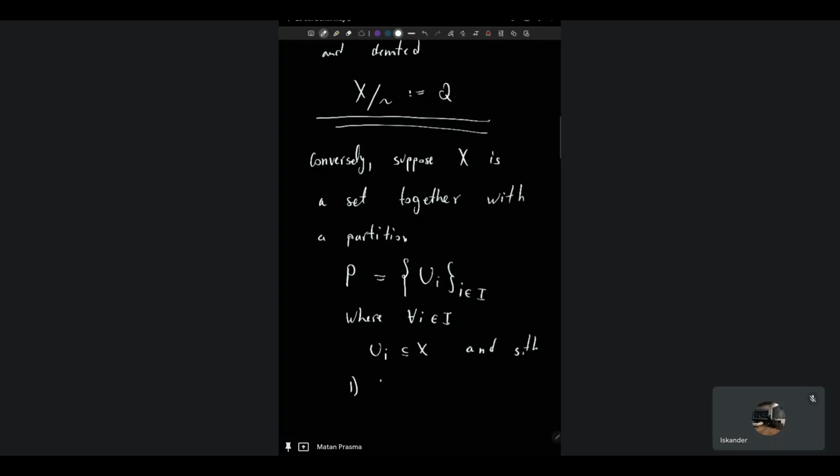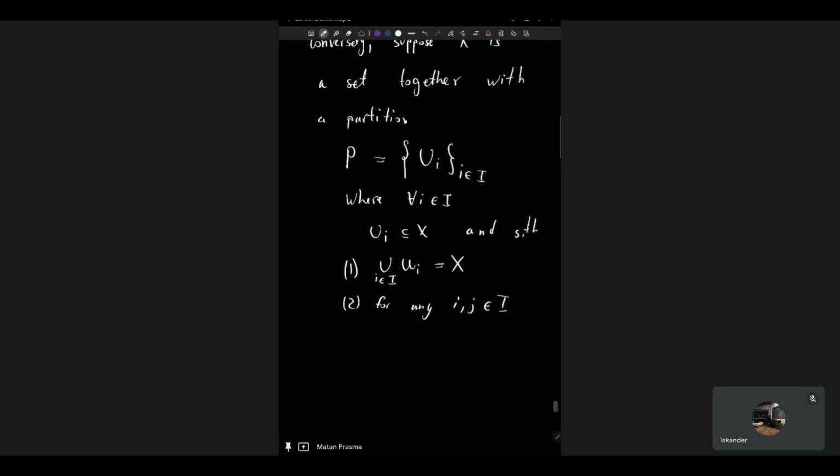First, if I take the union of all U_i for i in the index set I, I get the set X. And two, for any i and j in big I, either U_i is equal to U_j, or U_i is disjoint with U_j. Okay, this is the defining property of a partition.